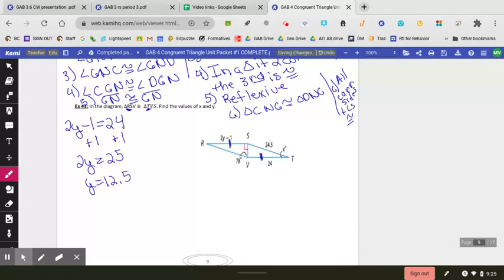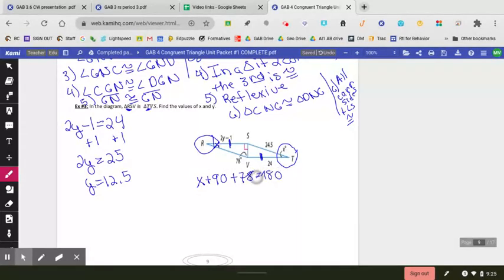Then I know that angle T corresponds with angle R. Well, T is X. But if I look at the rest of triangle RSV, I know two of the other angles. So since T is X, that means R is X. So that means X plus 90 plus 78 equals 180.